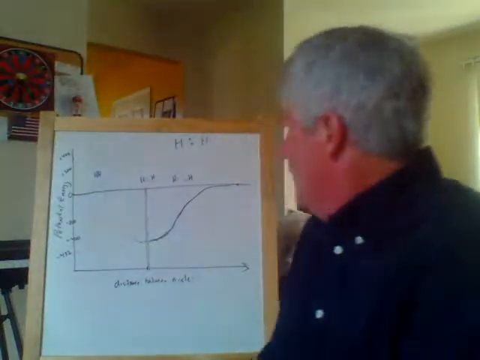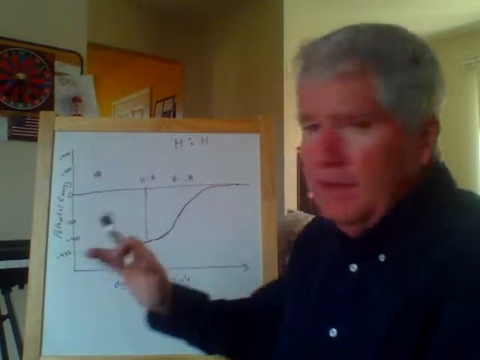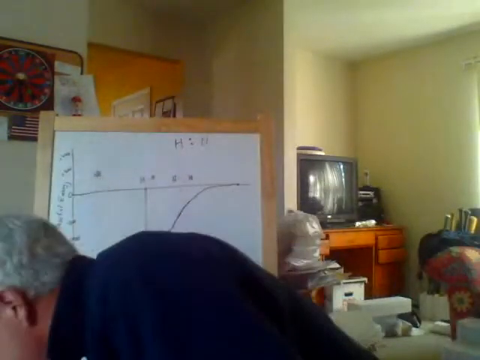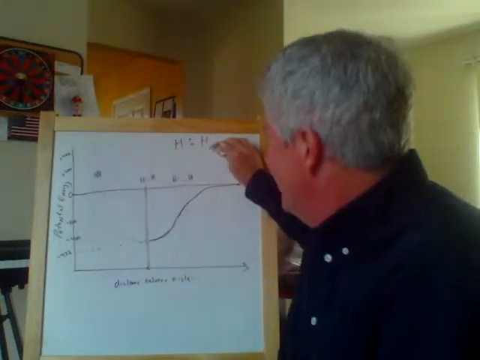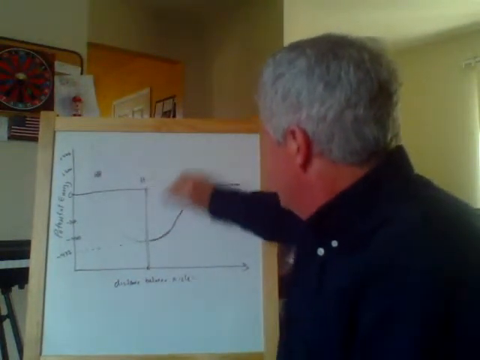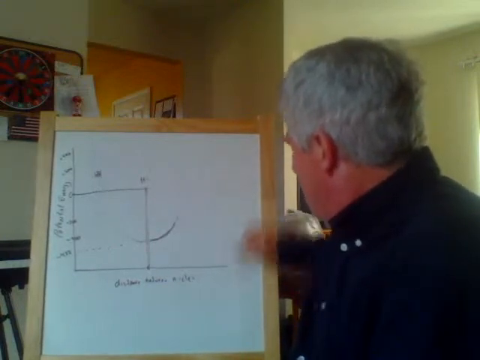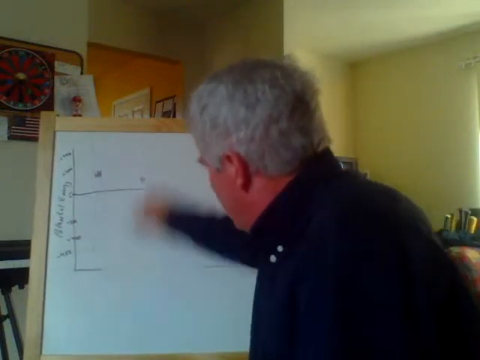All right, let's see what I want to do next. I'm going to follow the book here. Okay, now in the case of covalent bonding, and hydrogen is probably the one exception to this, but I'll erase this.